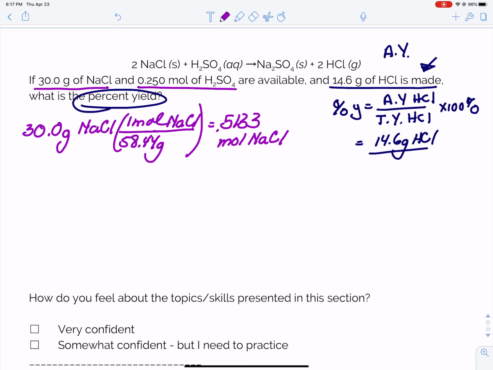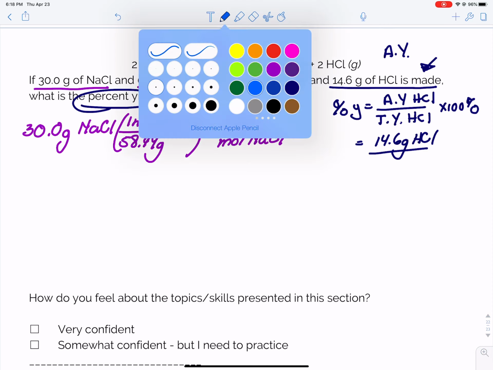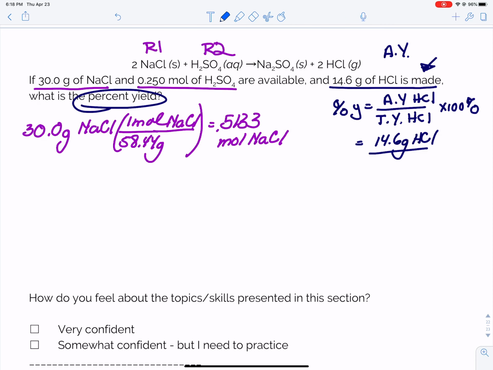And then I usually use that first method that I taught you guys, where you label reactant 1 and reactant 2, and you sort of assume that reactant 1 was the limiting reactant, and try and figure out how much of reactant 2 you would need, right? Because this right here is how much reactant 2 I have.